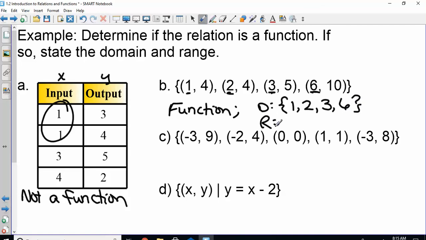Range is your y's. Y's can repeat in a function, so that doesn't matter. If it shows up more than once, you still only write it once in your range. So my range would be 4, 5, and 10. So even the 4 is repeated, just write it the one time.